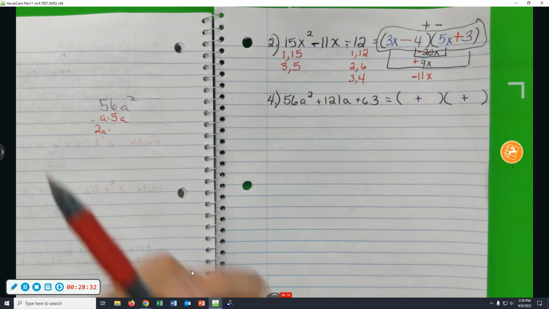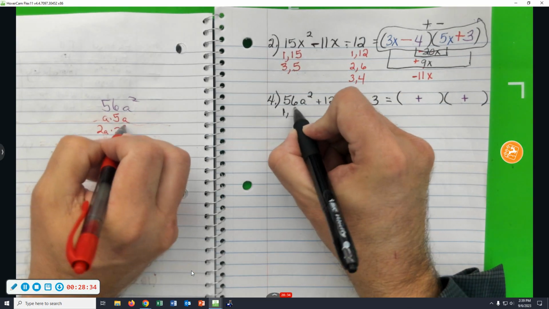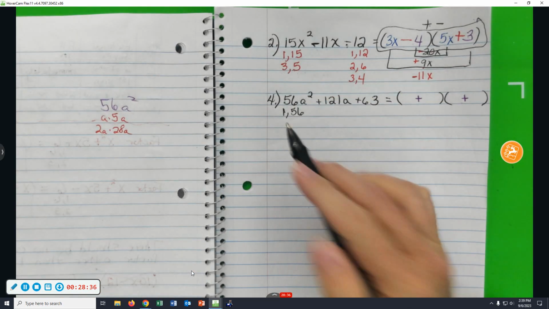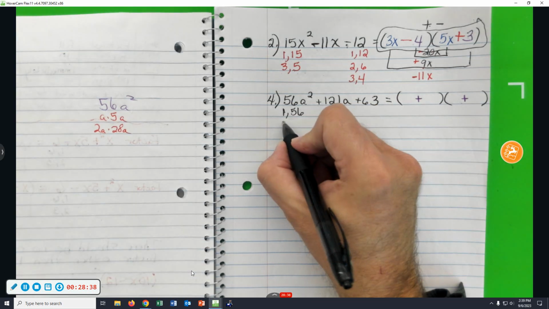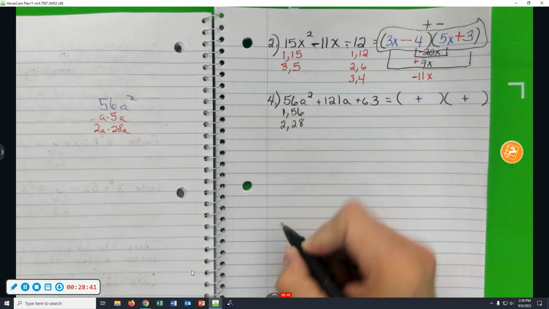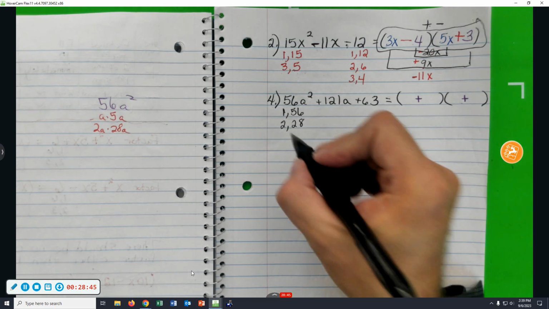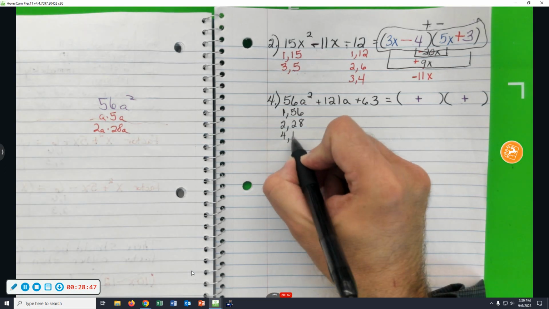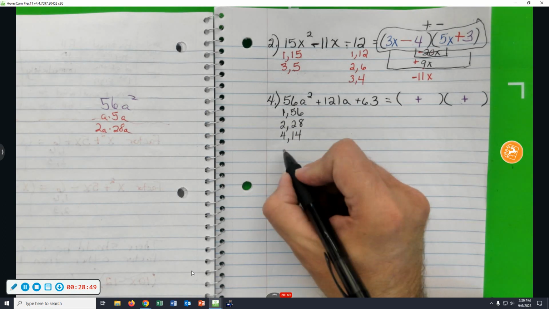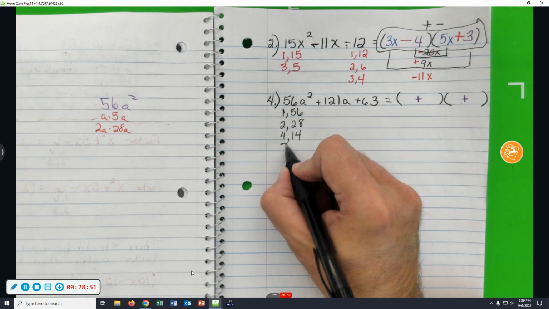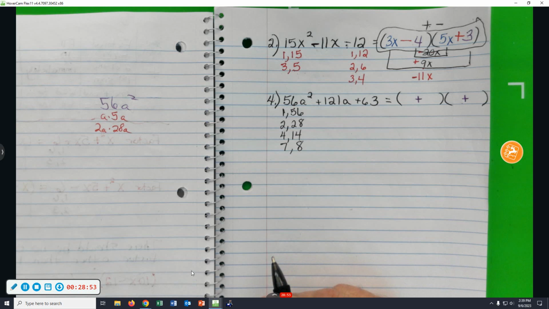That's why I don't write it. So 1 times 56, 2 times 28. 3 doesn't divide. What about 4 times 14? Mm-hmm. 4 times 14, 56. And one more pair, 7 and 8.